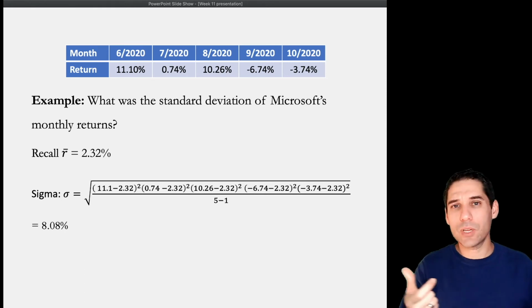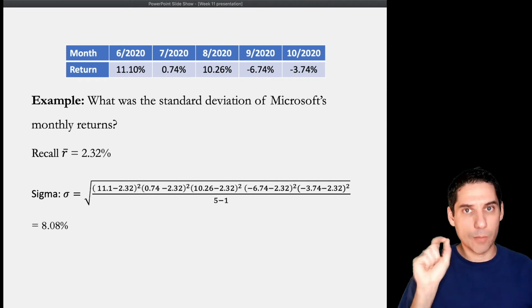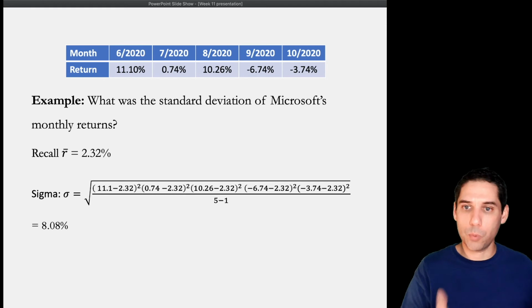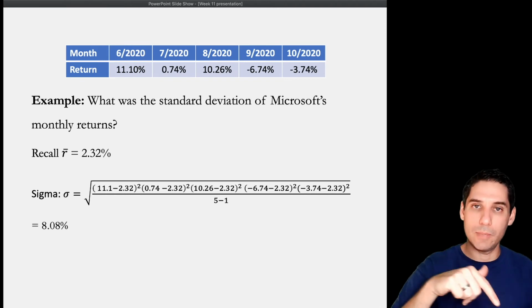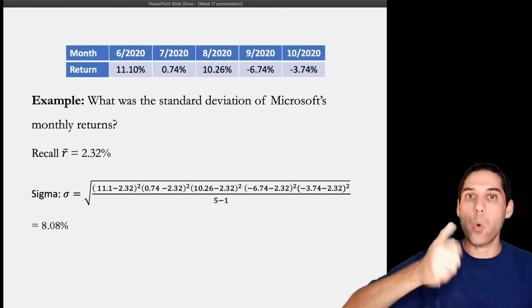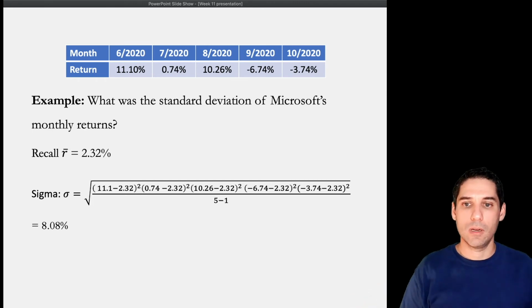Here we could do everything in decimals, or you can just plug in the percent numbers, like 11.1 minus the mean of 2.32 squared, times, then we do it for the second return, 0.74 minus 2.32. That's going to be a negative number. Here the deviation is below the mean, so the deviation is negative. But then when we square it, we're going to get a positive number. So all of these will be positive numbers, right?